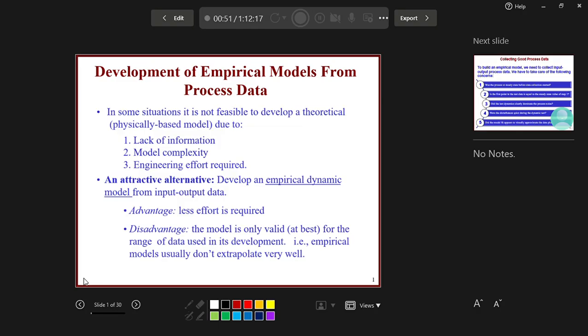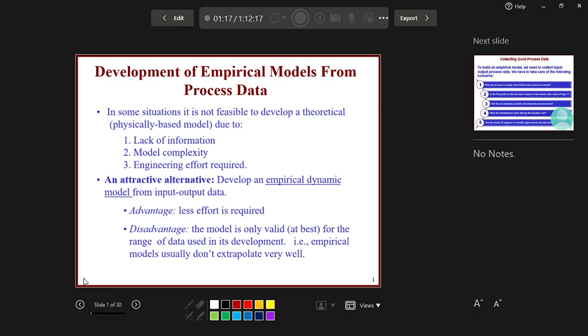So there is an alternative approach in which we use empirical data collected from the process itself or from a simulated version of the process to approximate the model of the process. Now, this approach has a major advantage: it is less costly and it needs less effort.